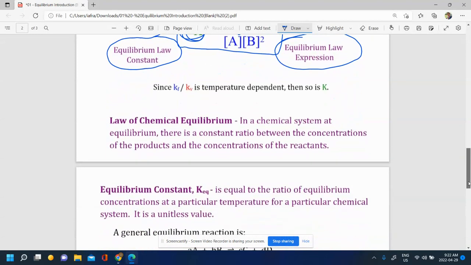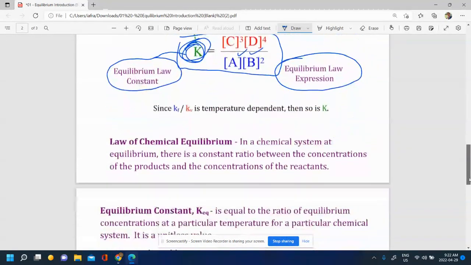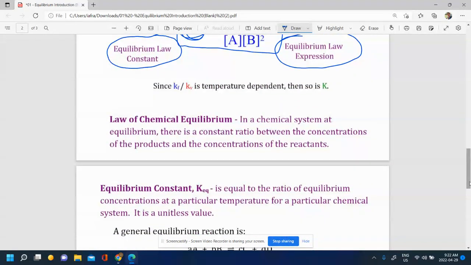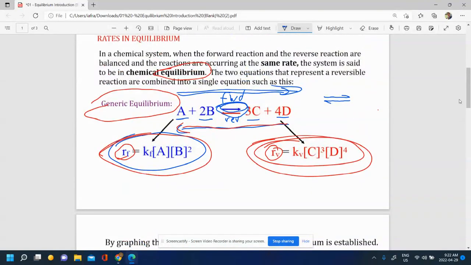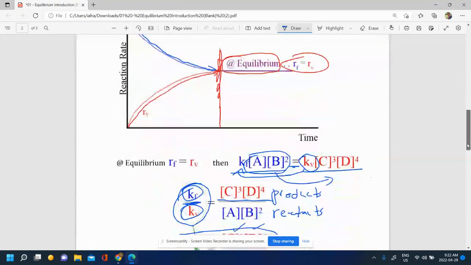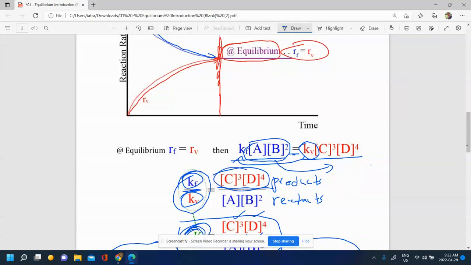So the general idea I need you to understand about equilibrium is that when you have a chemical system that is at equilibrium, you're going to have a constant ratio between the concentrations of the products and the reactants. In other words, because the rate of the forward and the reverse are now equal to each other, the ratio that we create here between product and reactant will always be the same.